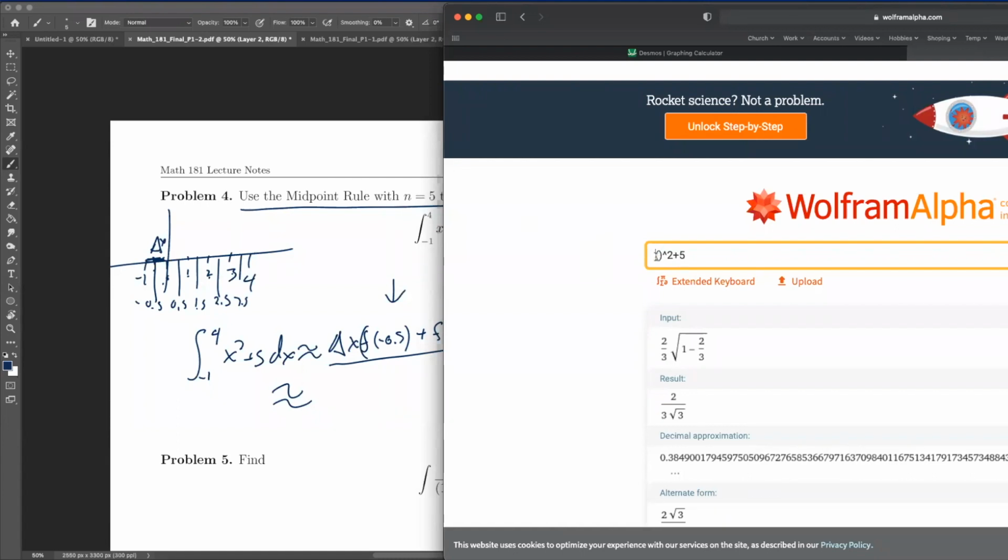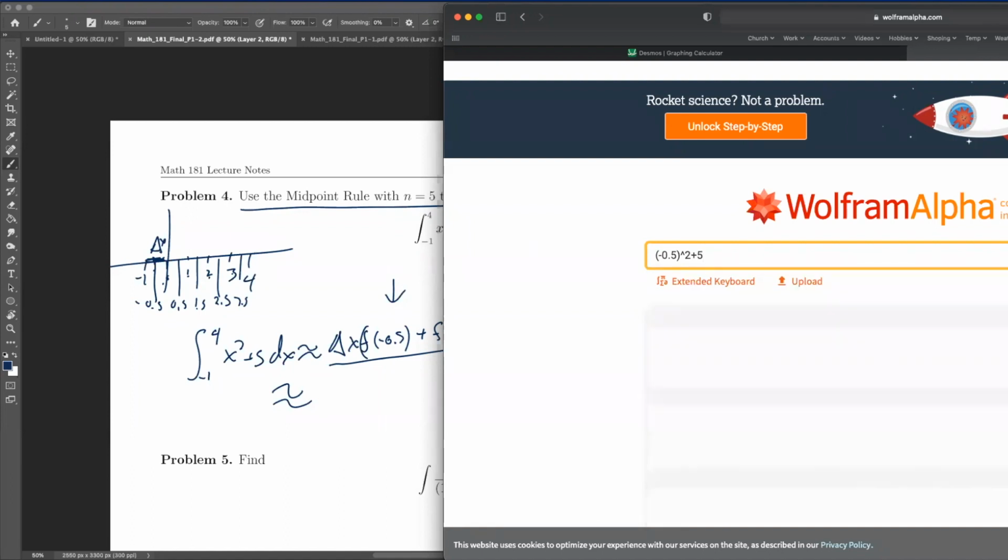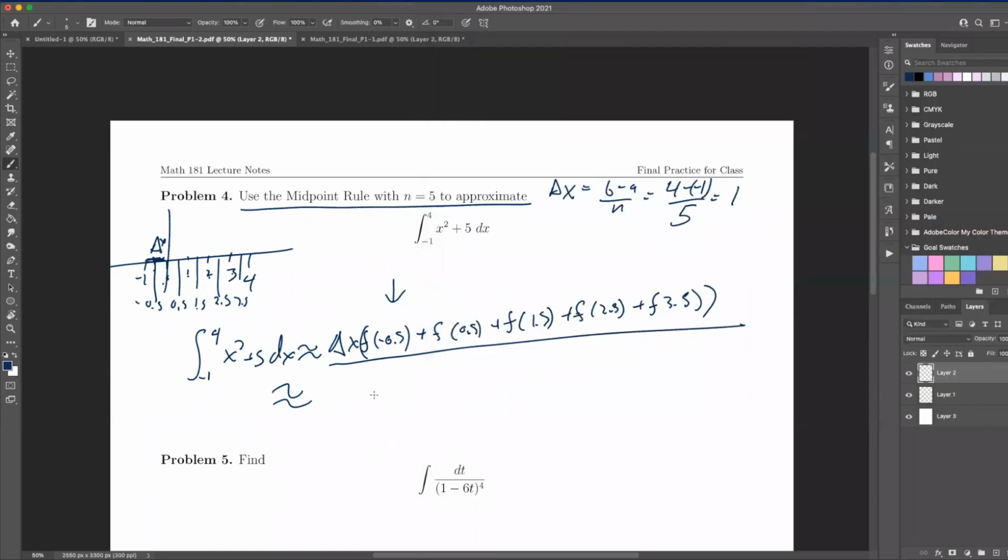And so I'm going to put in minus 0.5. And so I get 5.25. If I put in positive 0.5, I'll get the same thing, which would be 5.25. So I have 1 times the quantity of 5.25 plus 5.25.